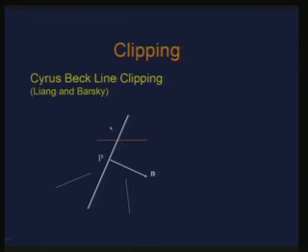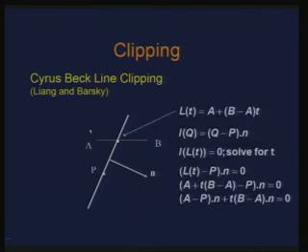Now, let us see whether, with the given representations we have, we can express these things in a concise way. I have this line a b in a parametric representation, L(t) = a + t(b - a), and the window edge in the implicit form.